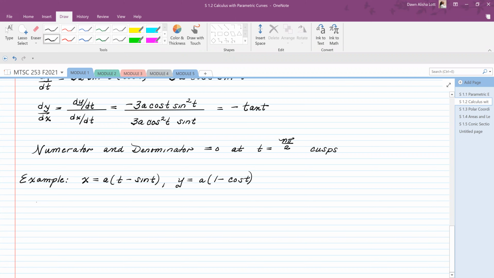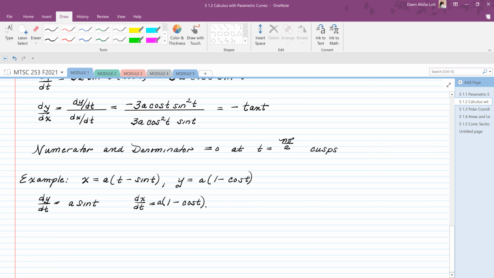Therefore, dy/dt is a times the sine of t, and dx/dt is equal to... I'm missing an a. A times (1 minus cosine t).